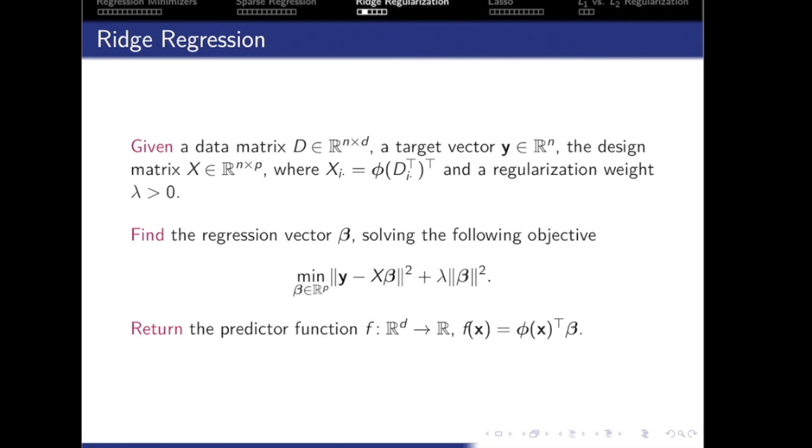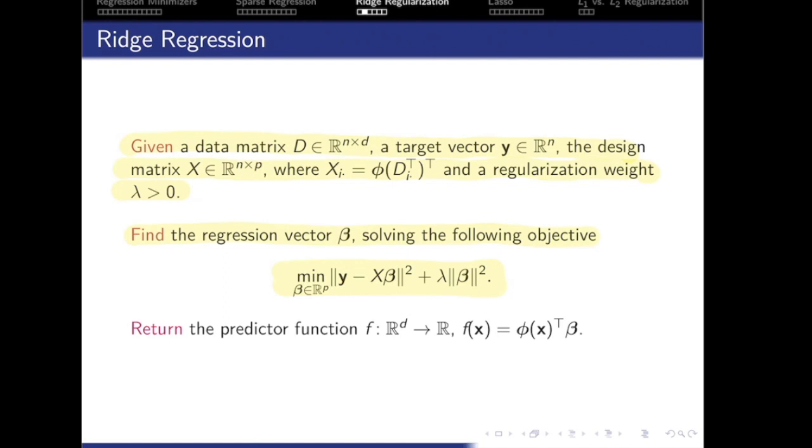So we have here again, given what we have already established, which is necessary for our regression task: our data matrix D, a target vector Y, the design matrix X, and a regularization rate lambda. And now the task is to find the regression vector beta, which solves the following objective. And here we see our penalization approach.